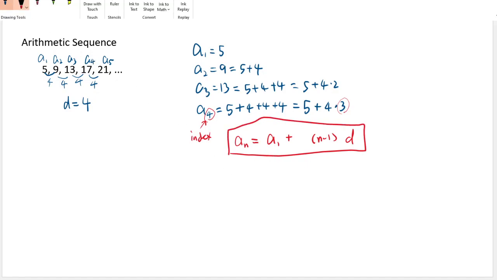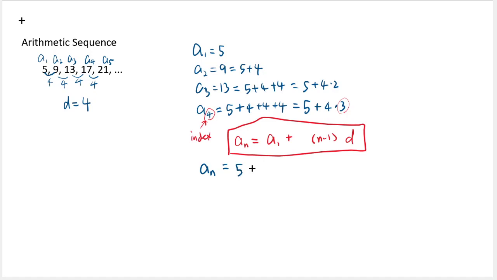And that can give us a formula for our arithmetic sequence, because an, the nth term of this arithmetic sequence, is a1, which for us is 5, plus n minus 1 times d, and our d is 4. You can further simplify this by multiplying by 4, and you get 4n minus 4 plus 5, so you get 4n plus 1 as the formula for our arithmetic sequence.